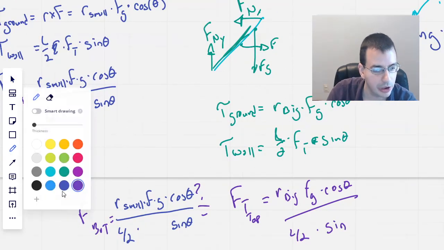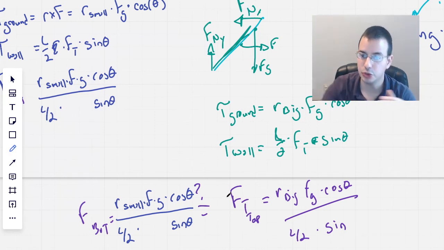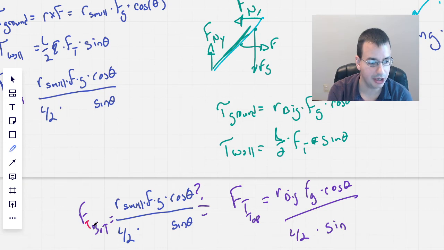And so, let's get a good contrast color. We want to see which one of these is bigger, the force tension when it's on the bottom or the force tension when it's on the top. Cancel, cancel, cancel, cancel, cancel, cancel. Cancel, cancel.